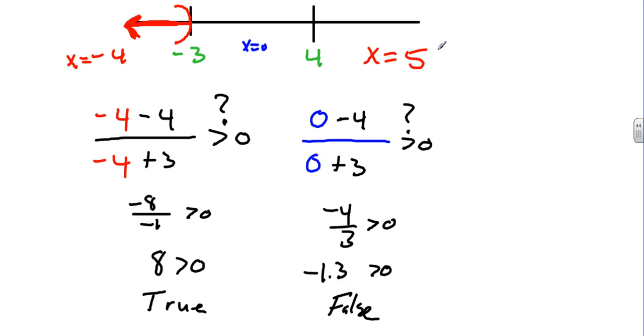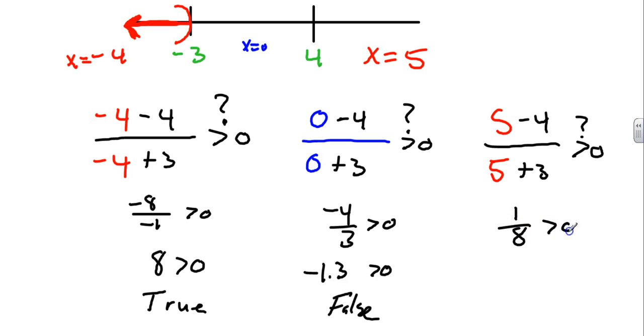And then one more time. Again, this one should be true, but just check it to make sure, because sometimes it does some weird things. Plug in the 5. Do a minus 4 and a plus 3. That's 1 over 8. Greater than 0, that's definitely positive, so that part would be true.